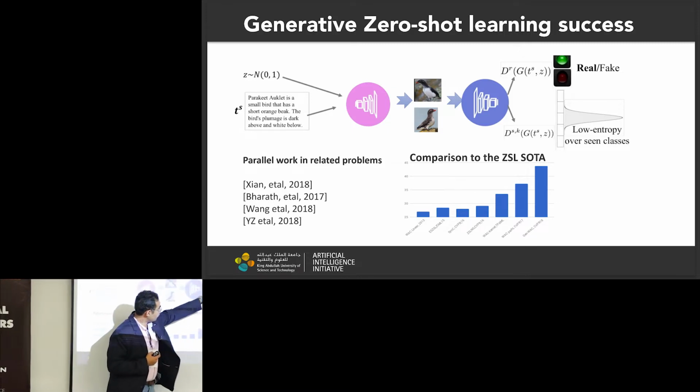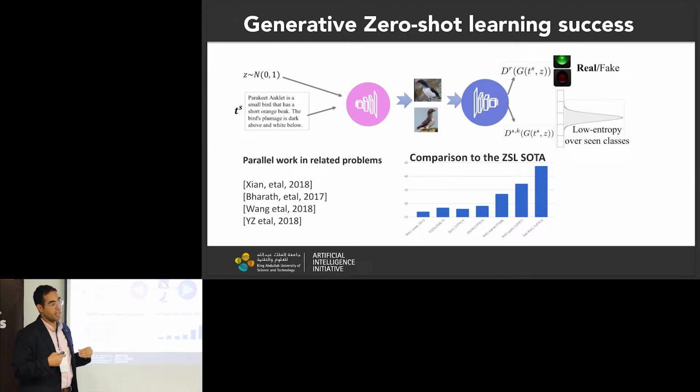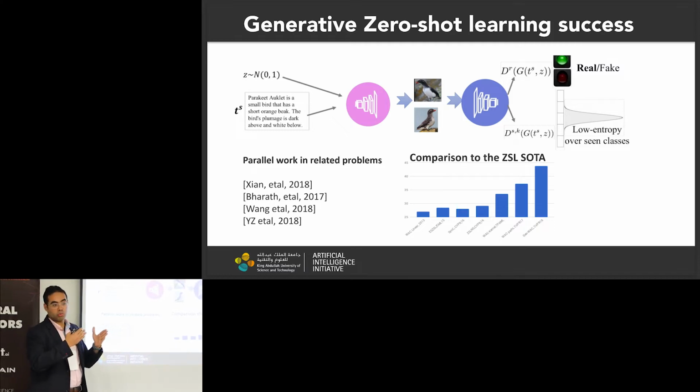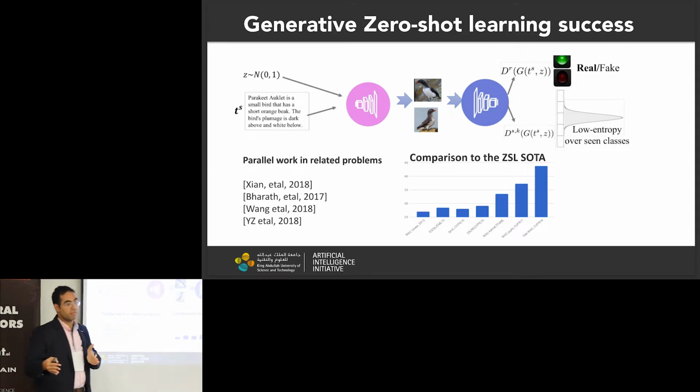So this is a head over seen classes. The usual practice of this task is that people have access during training to a set of seen classes, based on which you try to learn the relationship between the input text and the visual representation, and another set of unseen classes that you evaluate on.